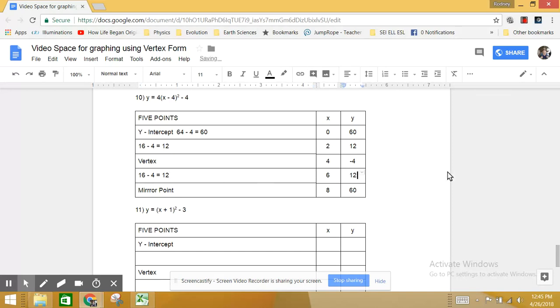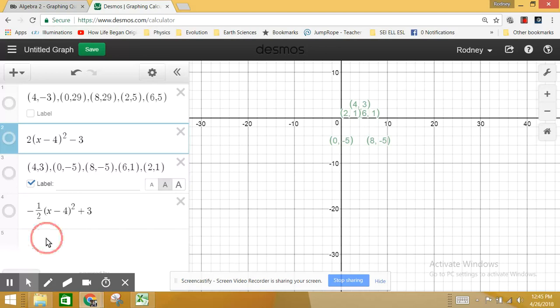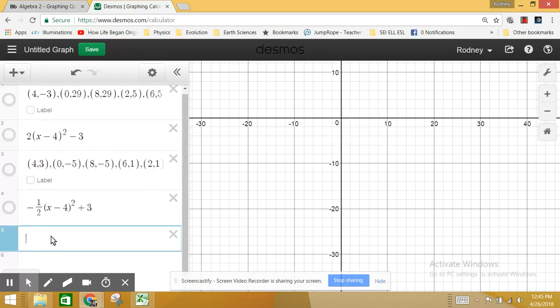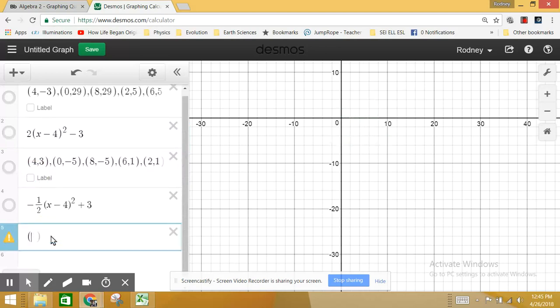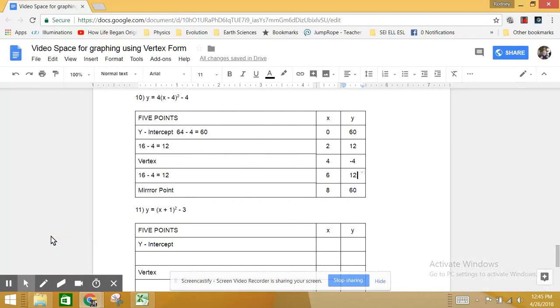So now we'll plot all these points. I'll turn all of this off. Get the labels out of there. And so we have a vertex at 4, comma, negative 4. We have a y-intercept at 0, comma, 60.